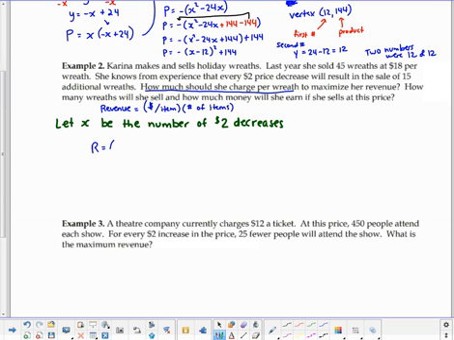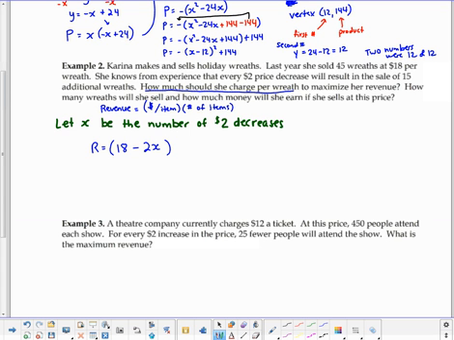So before, what was her price per wreath? $18, right. So she charged $18 before, but her new price is going to be 18 minus what? 2x. How many? $2 right? $2 times the number of decreases.